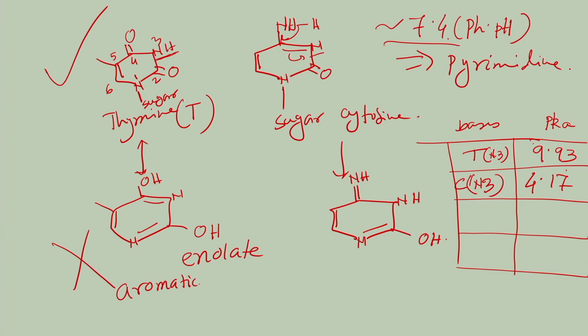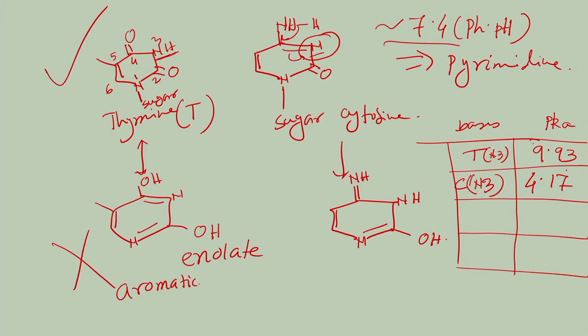So, in cytosine the nitrogen would exist as N, not NH. Again, this is the form that will exist in DNA in the biological system, not the other form. So, thymine and cytosine both would exist in this form, not the enolate forms.